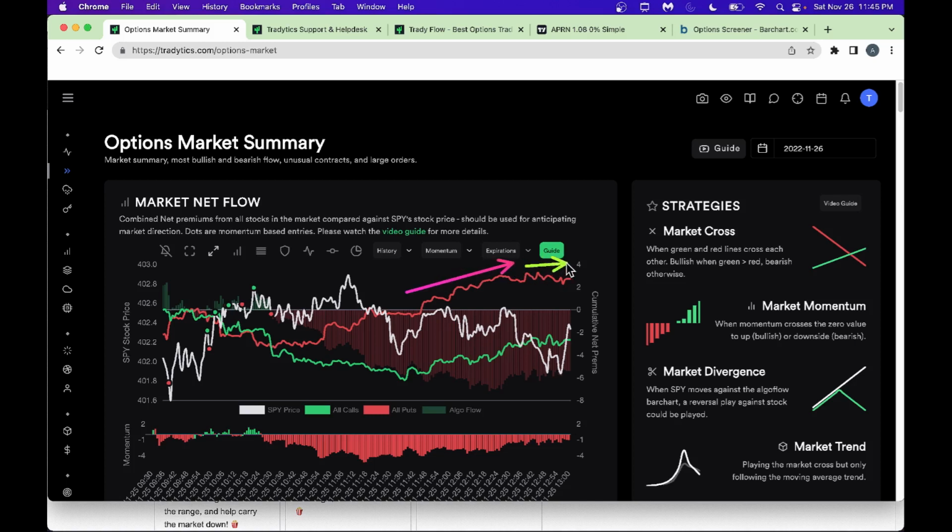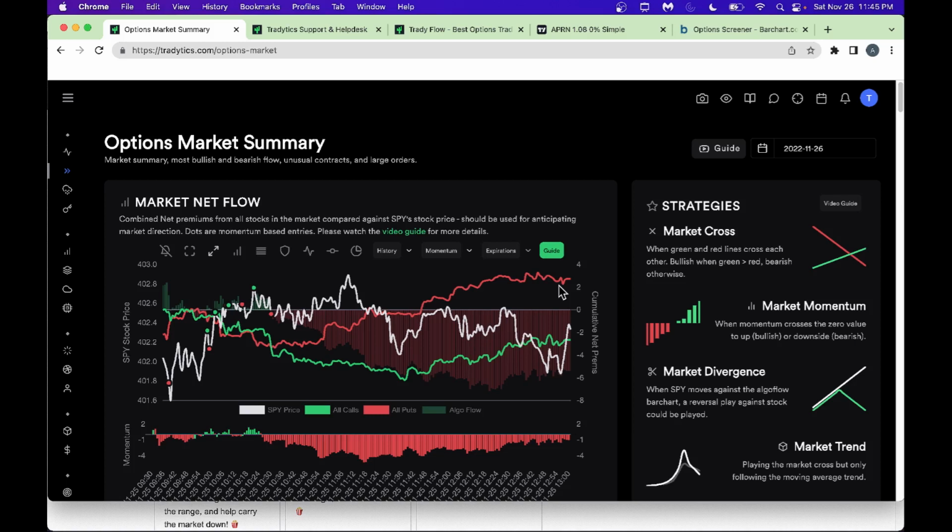Now it's kind of tapering down. Calls are also going higher, and the SPY price is around $402. It tells you the dynamics of what's going on here. Calls are going higher, puts are going higher. The market is kind of divided.